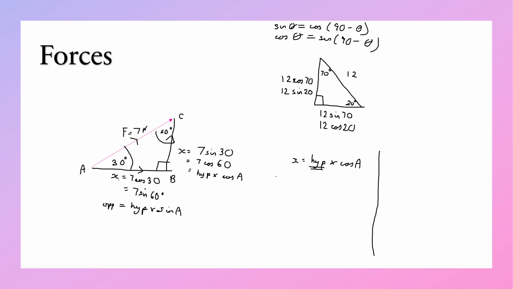Well, let's have a think about it. If we do hypotenuse times cos A equals x, then hypotenuse is going to be x divided by cos A. So we're dividing this time. Similarly, if you have sine, so x equals hyp times sine A, then hyp equals x over sine A. Right?